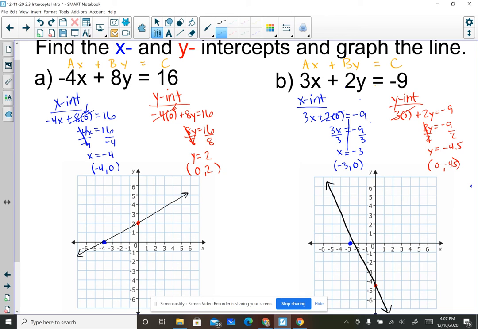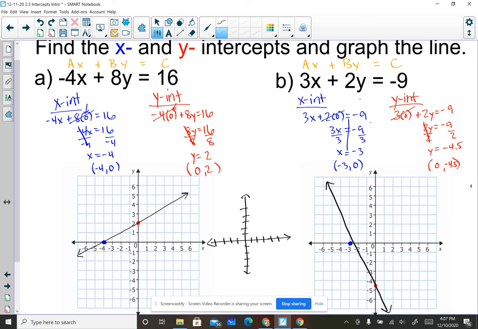Now, like I said, if you were graphing this just on a sheet of paper, because you're probably going to have to do this since you guys don't have graphs all the time, what you would do is just draw a graph like this. And then from there, just make your little hash marks. Go up to maybe 5 or 6 or so, however high you need to go.